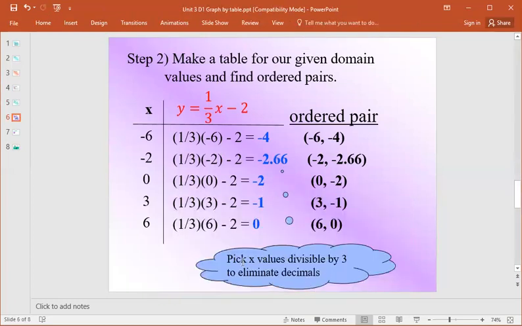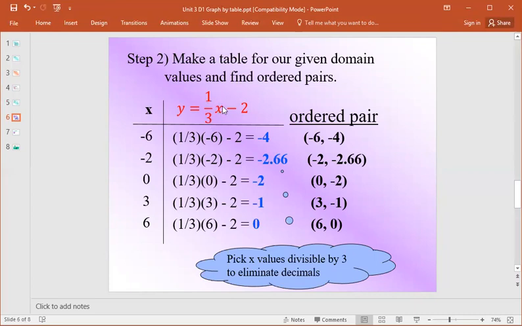But notice, if we would like to eliminate decimals in our answer, meaning I would like a whole number, then I should pick values that are divisible by 3. That is because we are multiplying by 1/3.